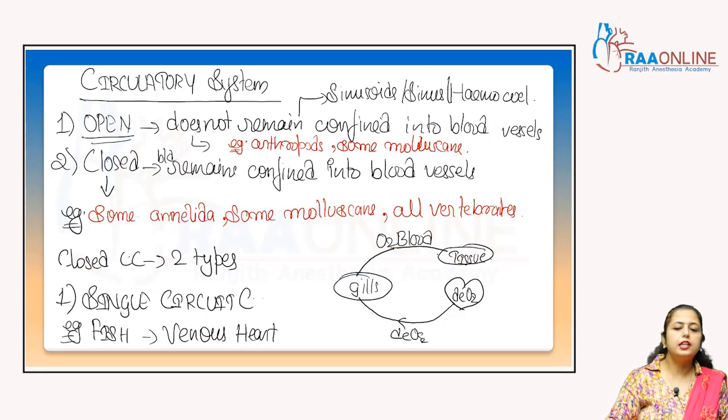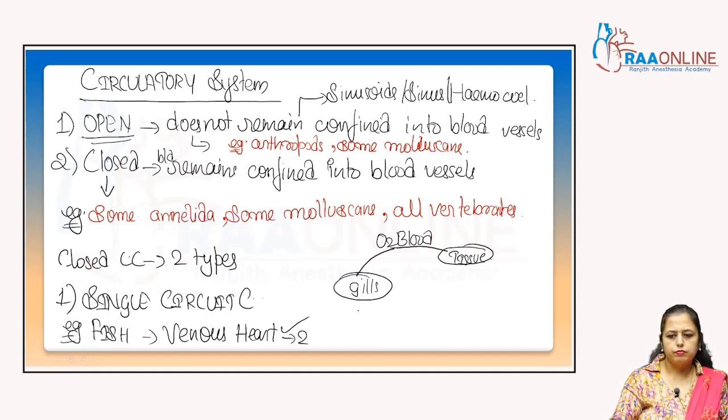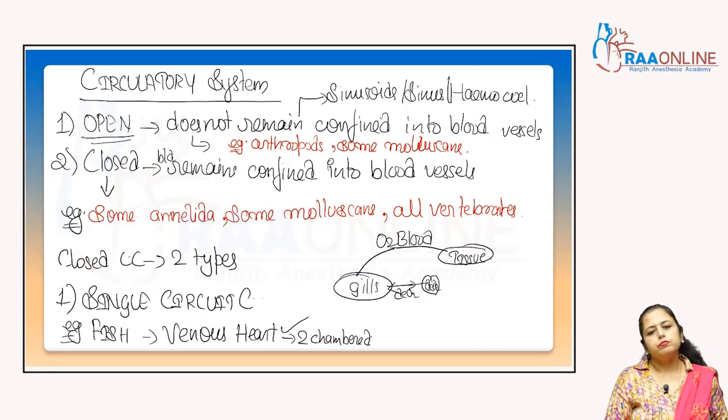So fish's heart carries only deoxygenated blood, that's why it is called the venous heart. Fish's heart is a two-chambered heart, right? Clear?